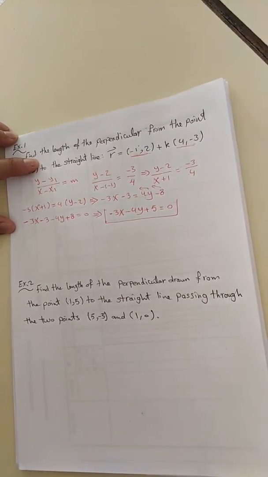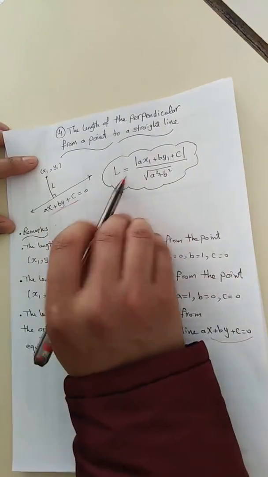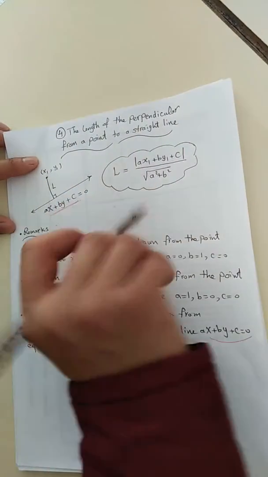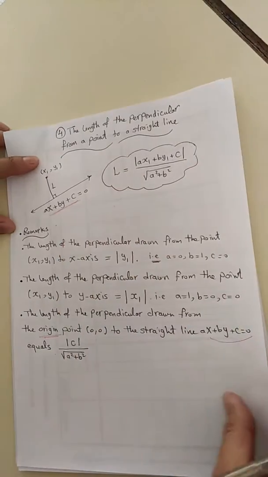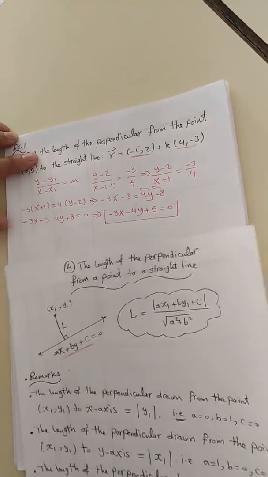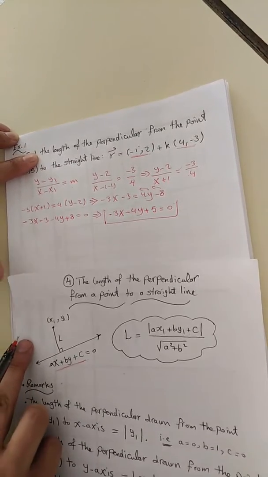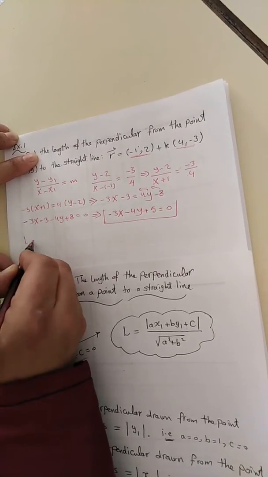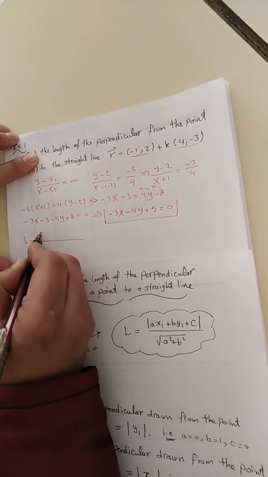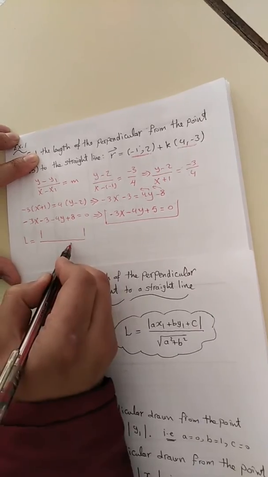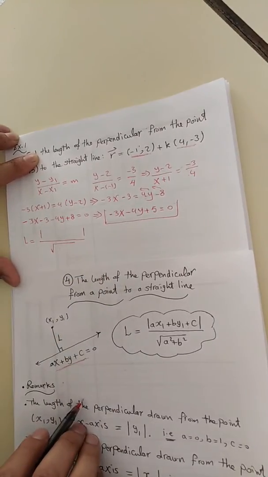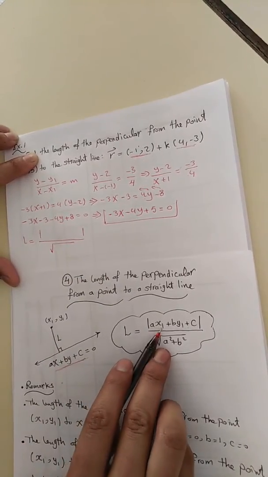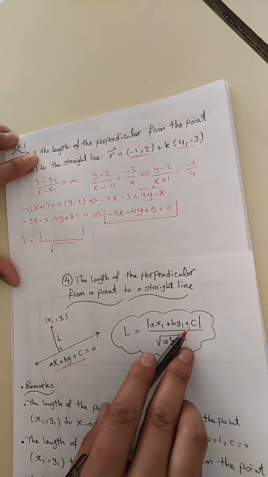Our rule was L equals the absolute value of AX1 plus BY1 plus C over the root of A squared plus B squared. Let's substitute.